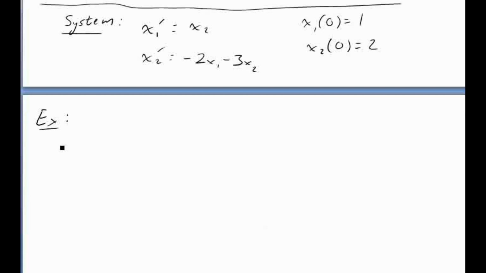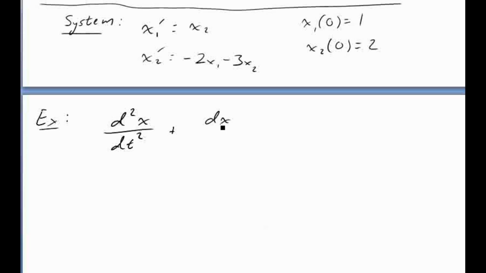Let's try another example of this before we move on. What if we had something like this? d squared x, which remember is over dt squared. Remember, this is the Leibniz notation for second derivative.